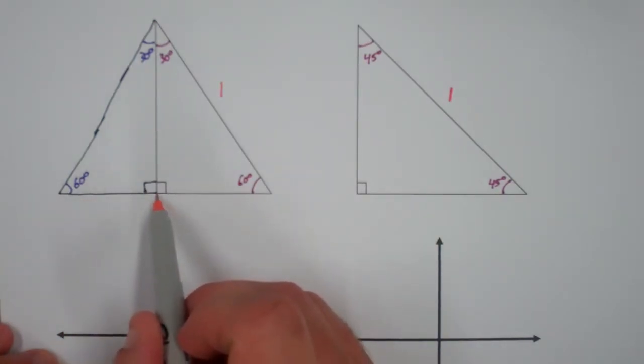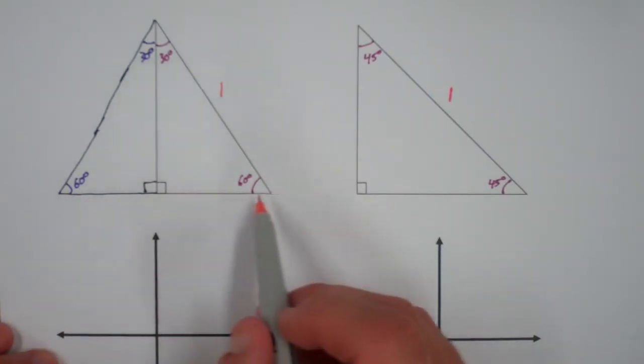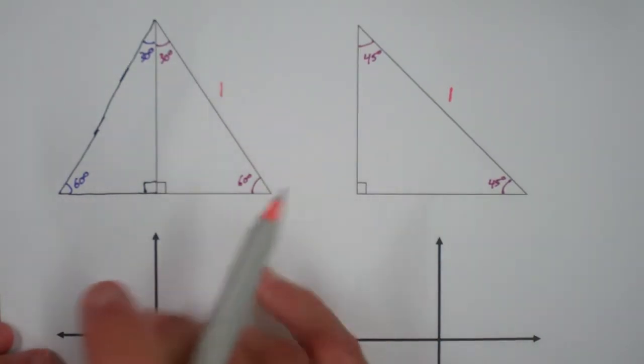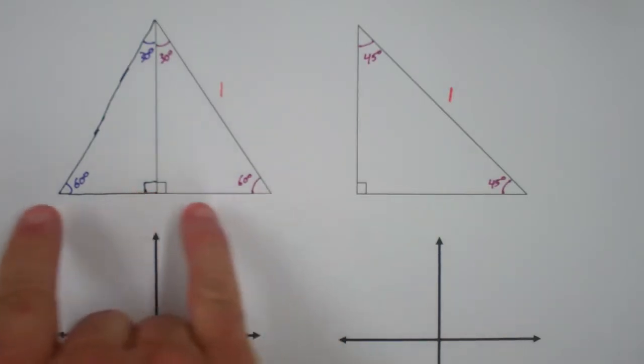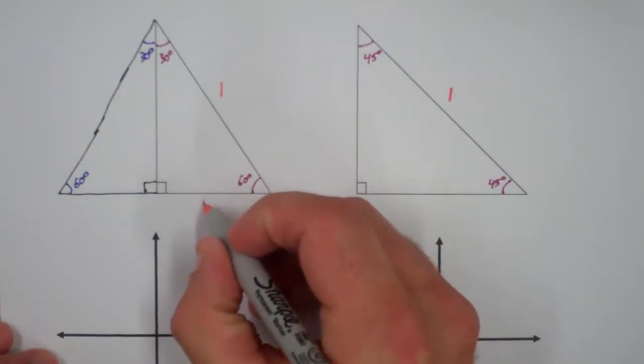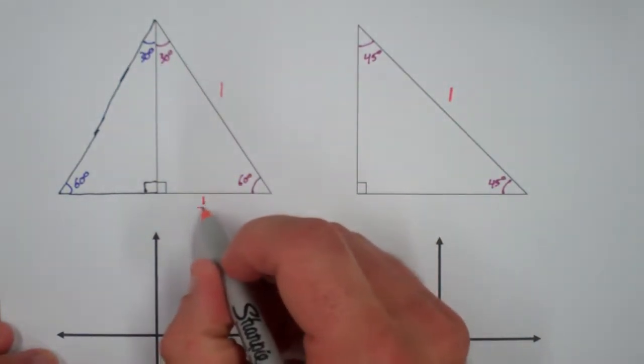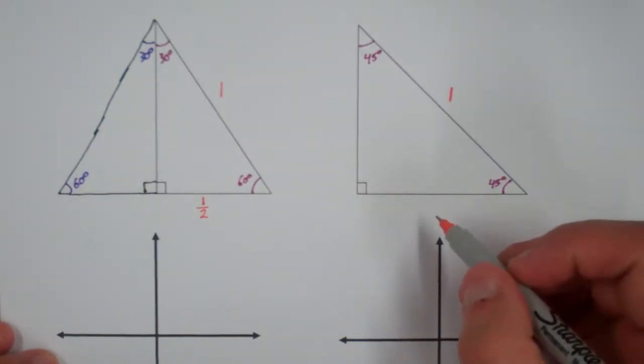And if we're looking at just this length here, which is the one we're concerned with in the original triangle, that's going to be 1/2 of all the way across. We're imagining that this is exactly the same as this segment over here. So we can say that when the hypotenuse is 1, the side opposite the 30-degree angle is 1/2.